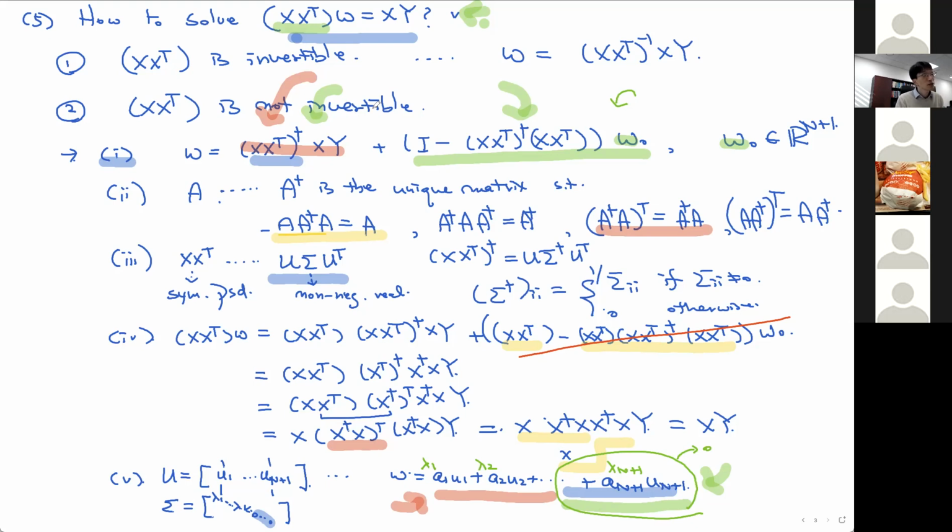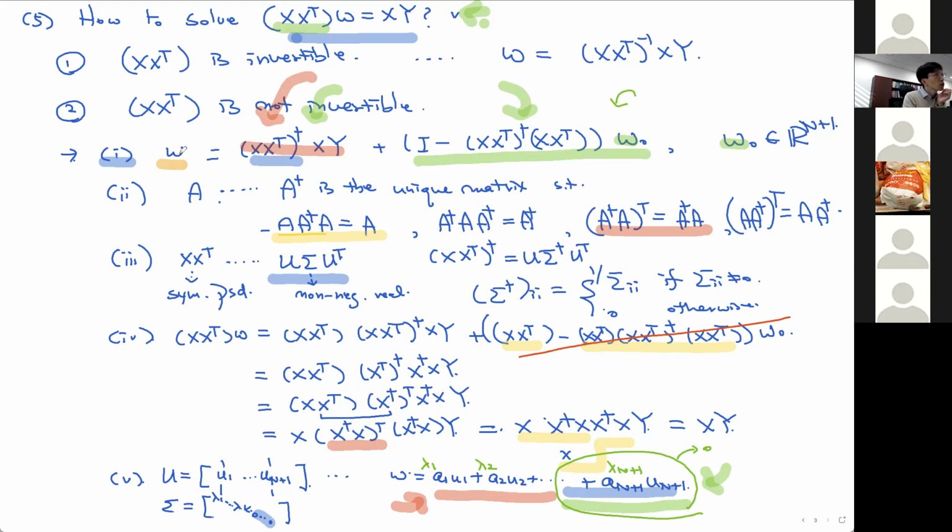So now let's think about the following question. Suppose we want to pick a solution W whose norm is minimum. So how should we pick?